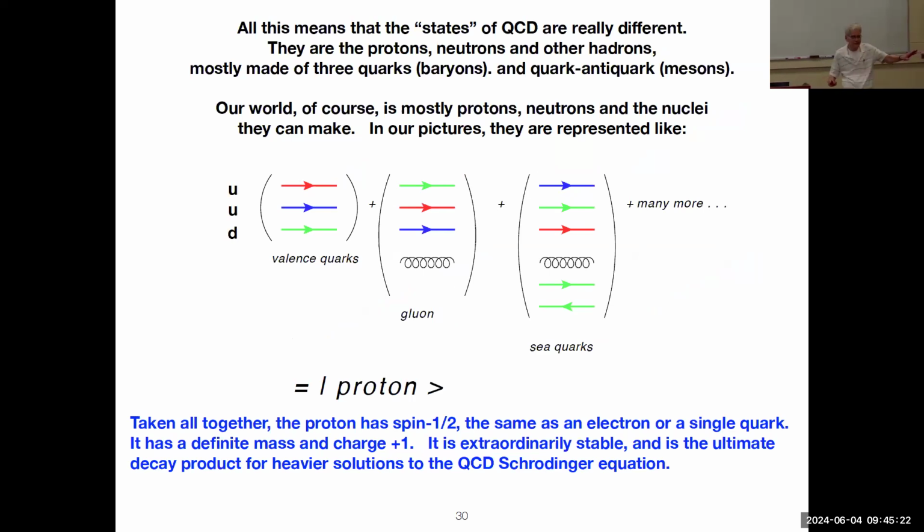Okay, and all this means that so now we go back to being extremely informal. This is informal. This is extremely informal. All this means that the states of QCD are really different, right? And that's what I would like you to take away. It's different precisely because of the way that the partonic degrees of freedom fit into one of these spheres, which we use to derive the color.